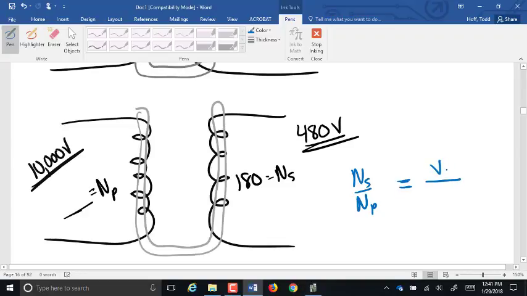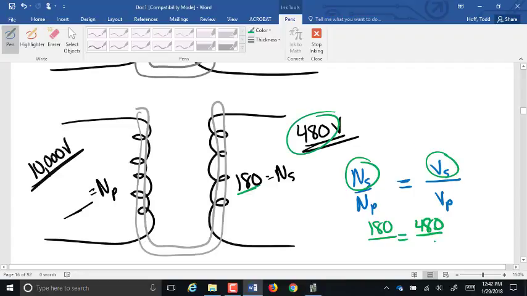Which is going to be equal to our voltage ratio of VS over VP. Where's the 180 going to go? Left side top, right? That's my secondary turns and secondary coil. What goes on top over here? 480, good. That's the voltage in my secondary coil. On the bottom over there would be 10,000. That's my primary voltage.